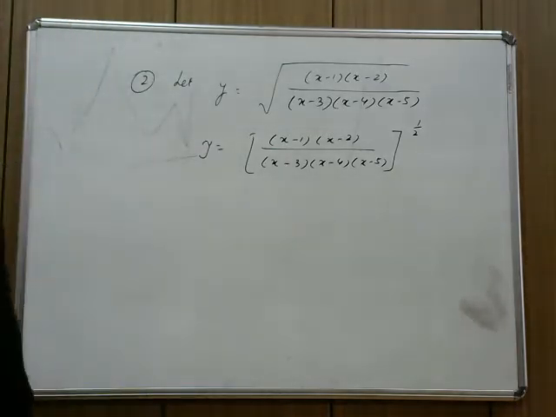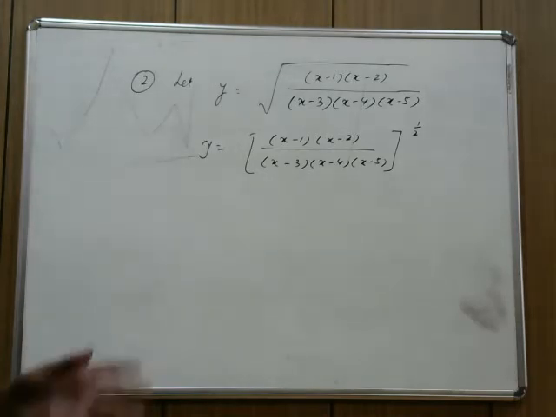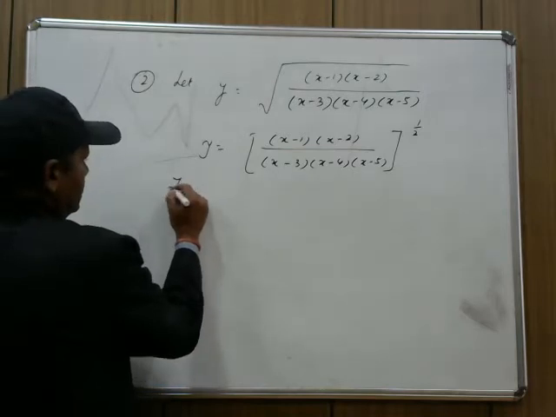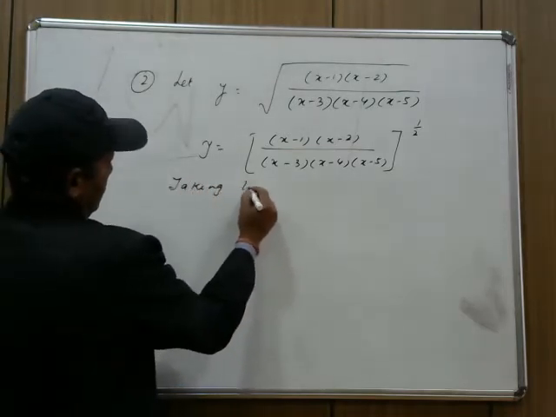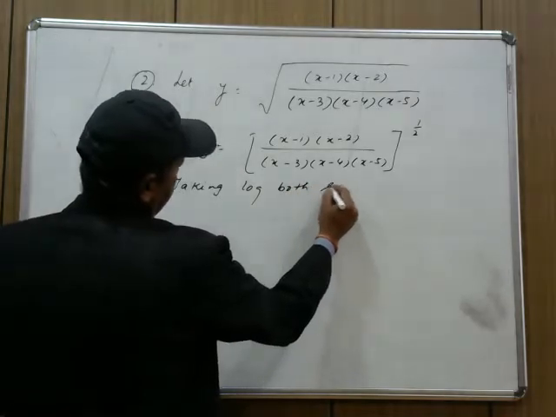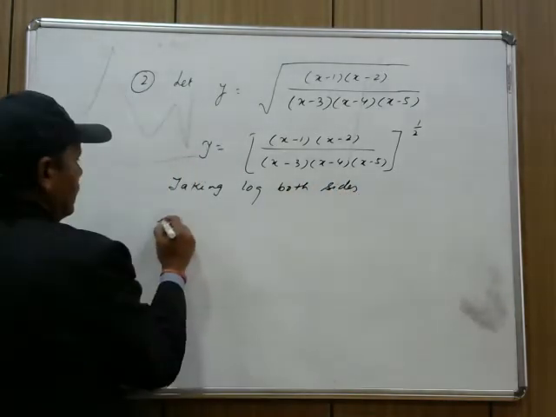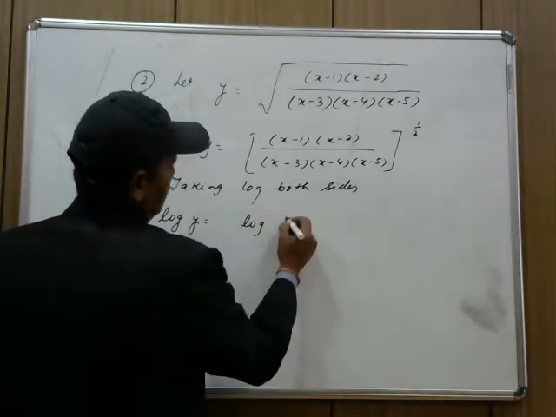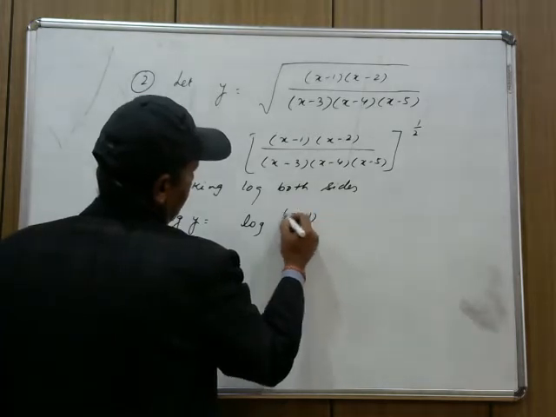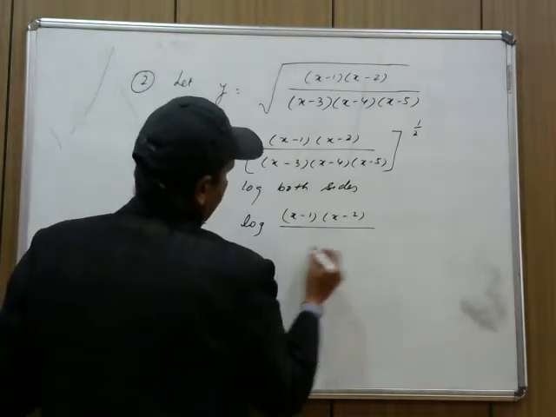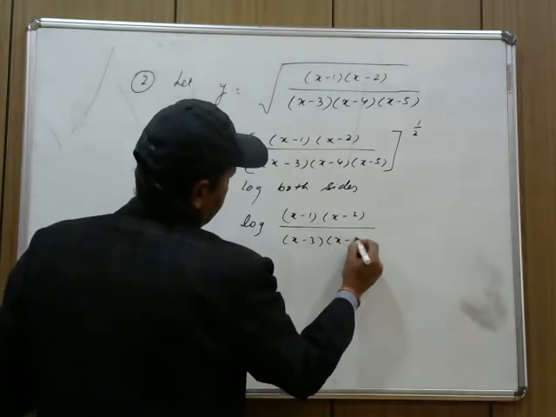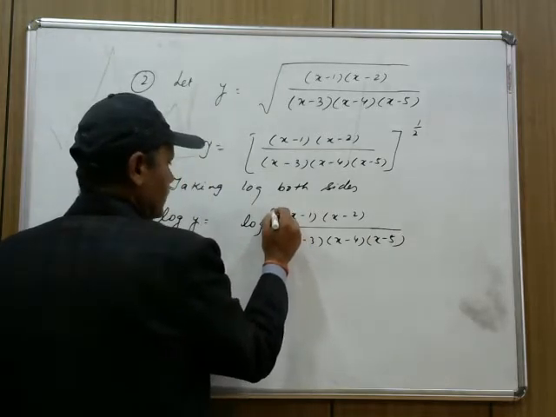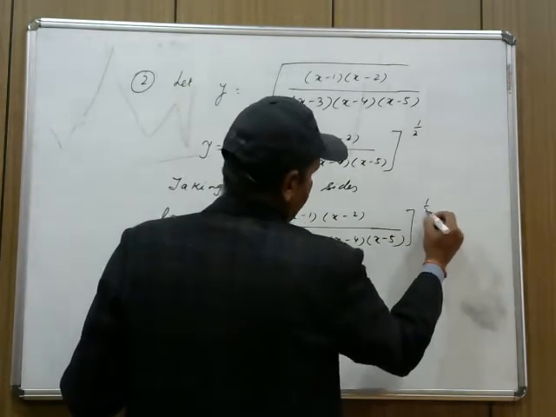Right? Now, if I apply log on both sides, then I write here, taking log both sides, log y is equal to log of (x minus 1)(x minus 2) upon (x minus 3)(x minus 4)(x minus 5), whole raised to the power 1 by 2.